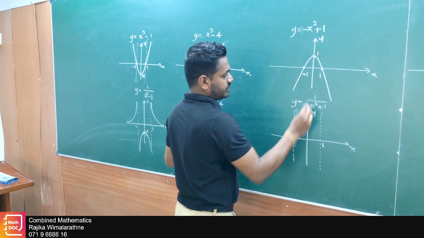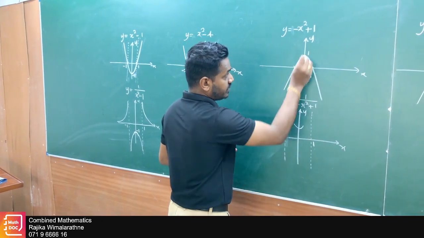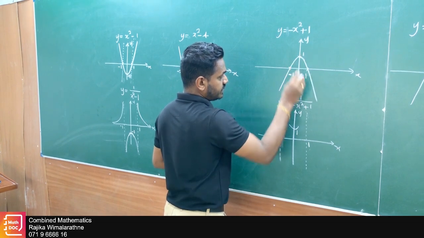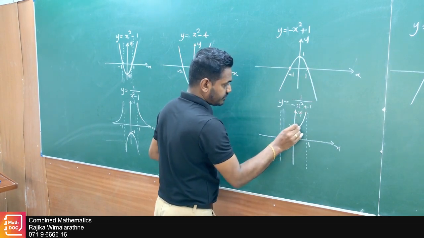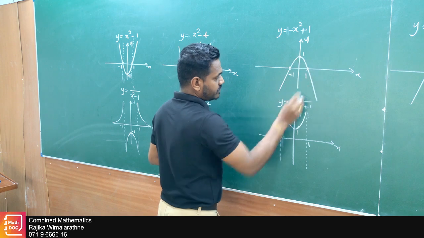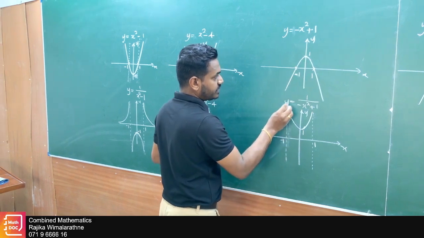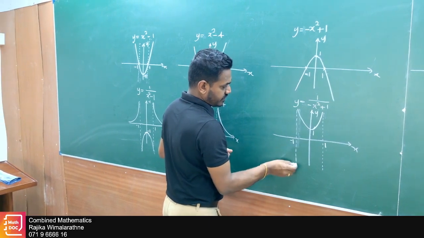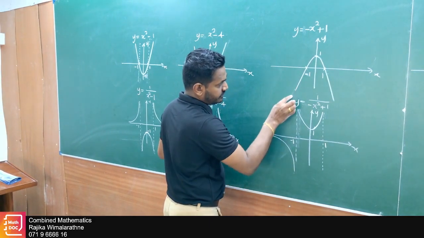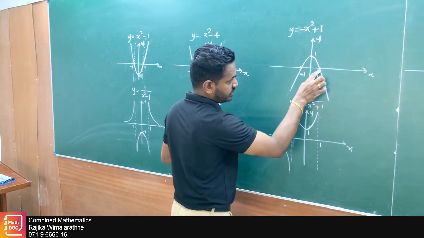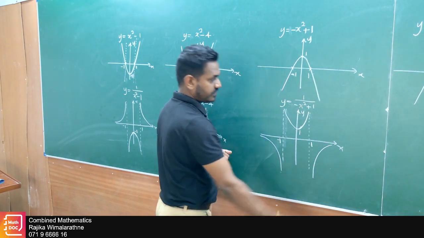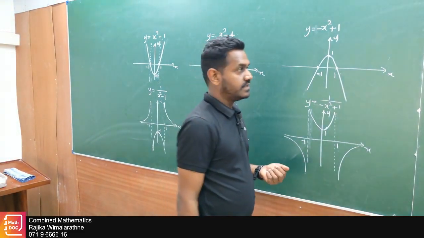Here maximum changes to minimum. 1 reciprocal 1. Then here positive region, it goes to plus infinity. Here negative, it goes to minus infinity. Infinity goes to 0. Negative region, minus infinity goes to 0. That's how we sketch the function.